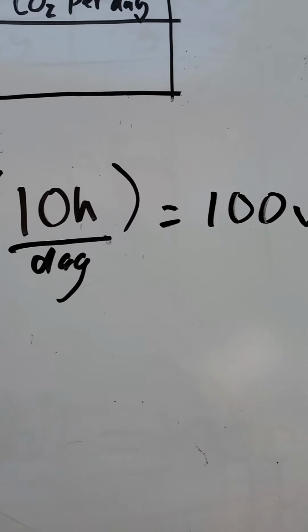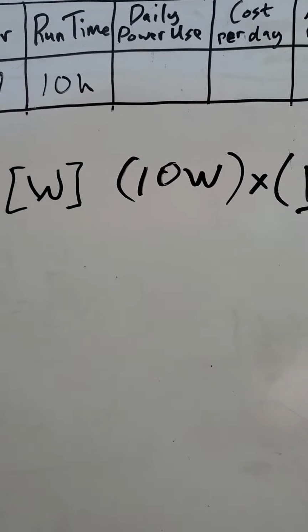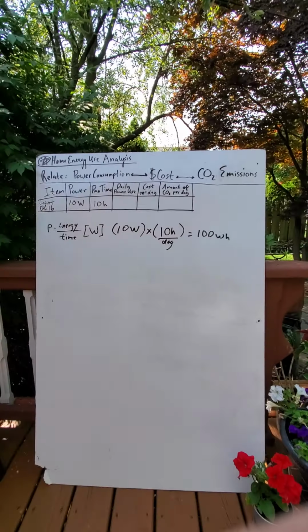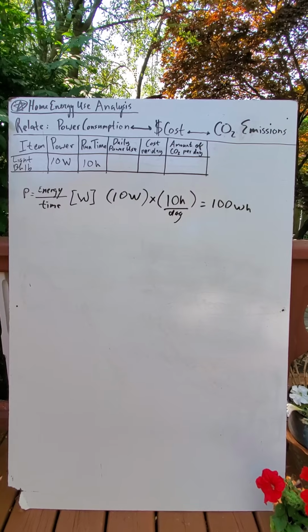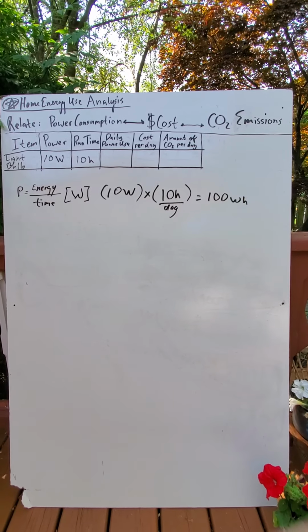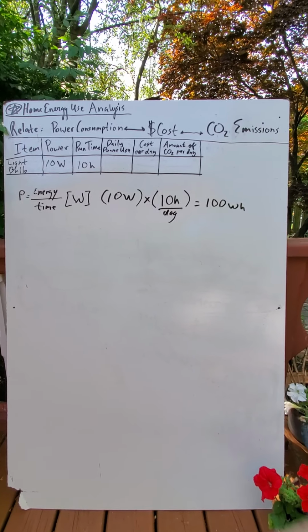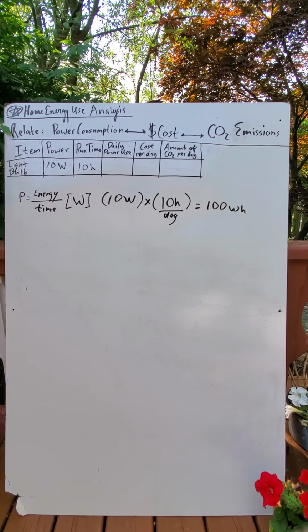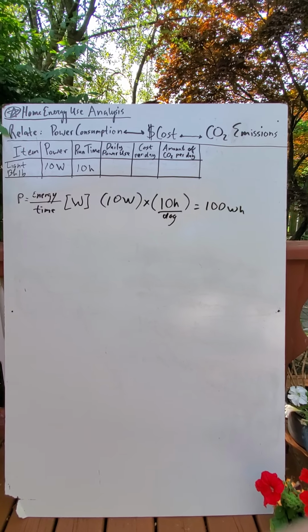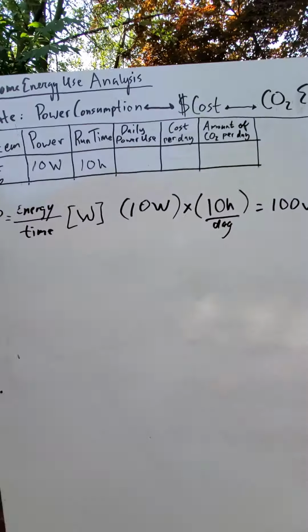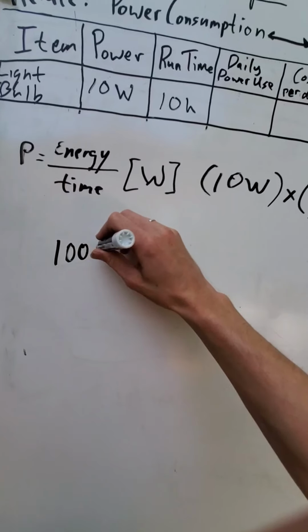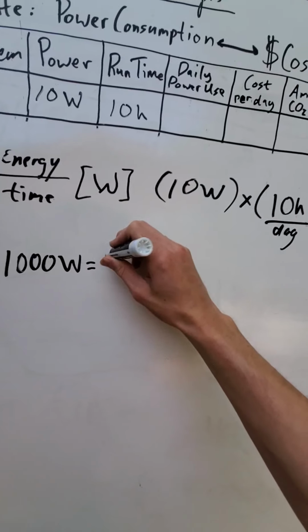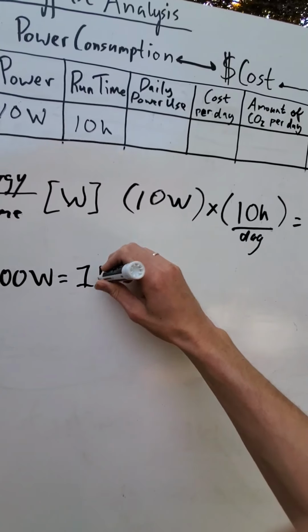So if you remember when I looked on the box over in the corner, the energy meter, we saw that it was displayed in kilowatt hours. So now I'm going to take my 100 watt hours and convert that to kilowatt hours. For every 1,000 watts, that's going to be equal to 1 kilowatt.